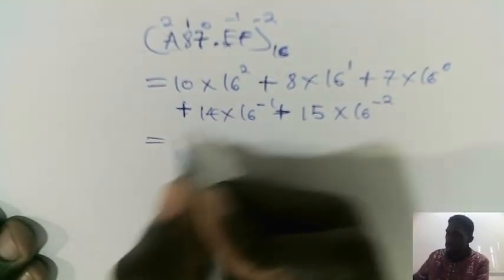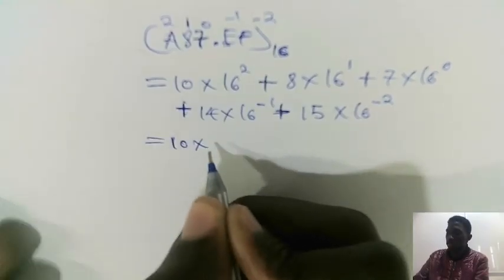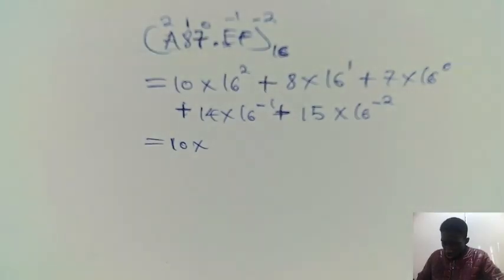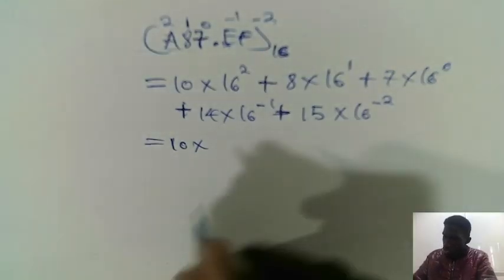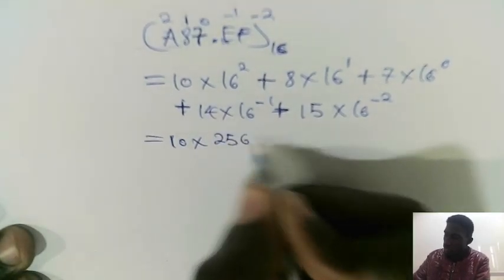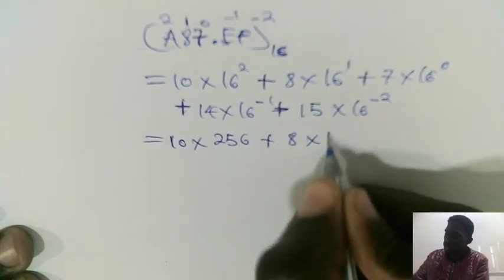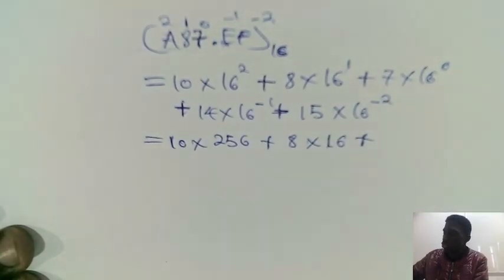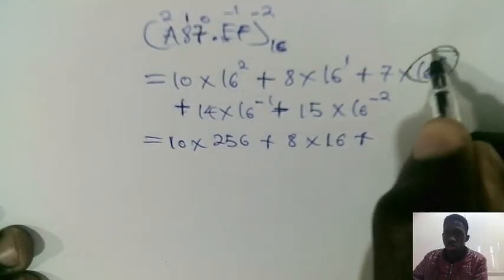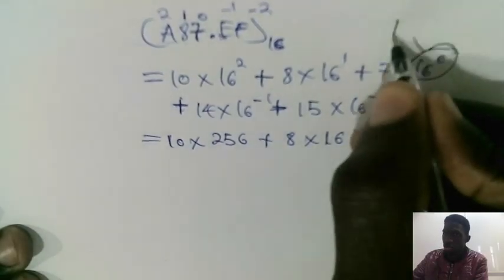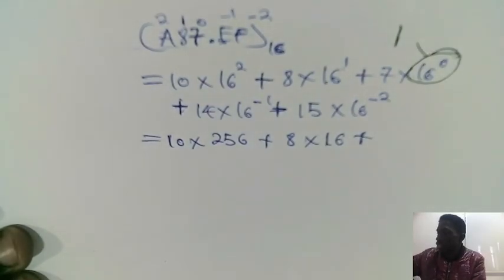So we have to evaluate this. This is 10 times 16 to power 2, which is 256, plus 8 times 16 to the power 1, which is 16, plus, as usual, we've got to note that any number to the power of 0 is 1. So we have 7 times 1 there.